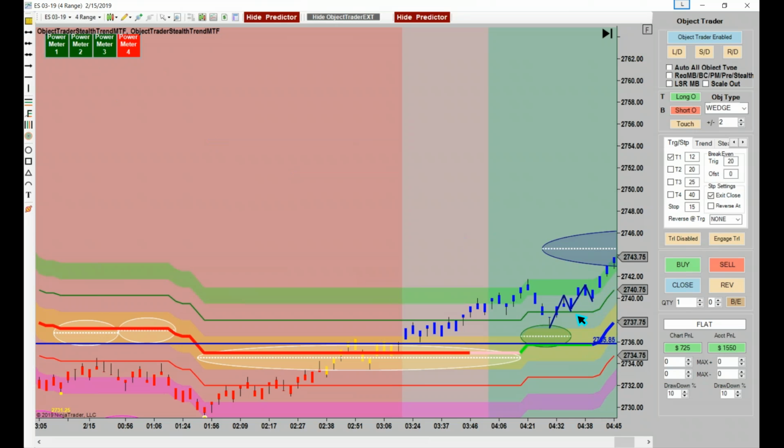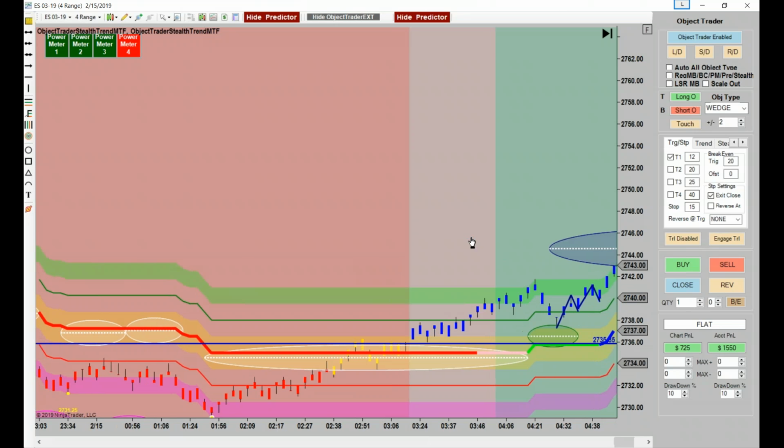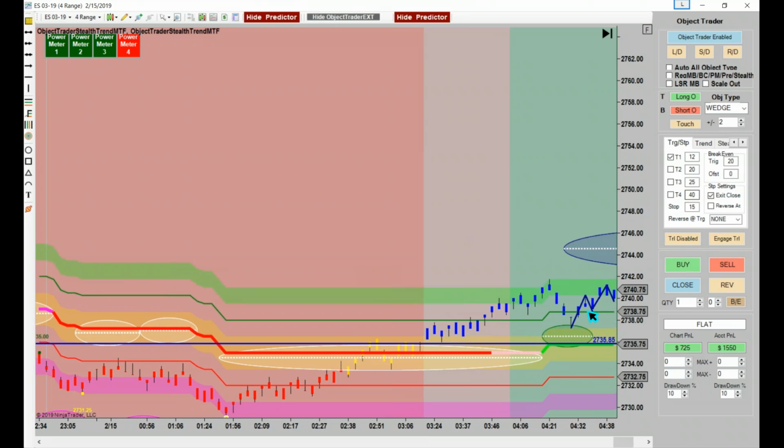Now where's my identified swing on this left side of the chart? Well, don't look at the rest of it. Where is it right now? It's right there. In other words, this little micro trend: as long as I've got a low, a high, a higher low, and a higher high, that's my swing.